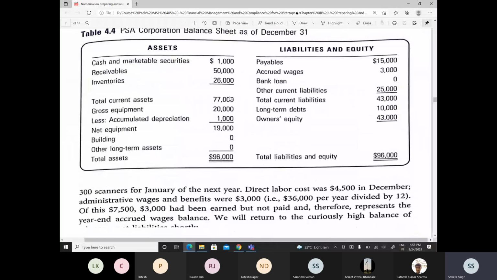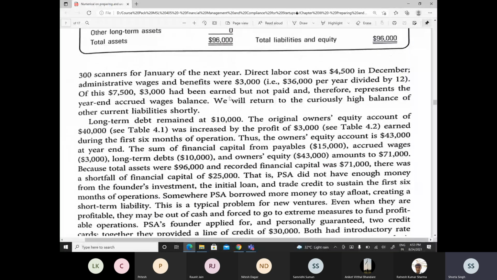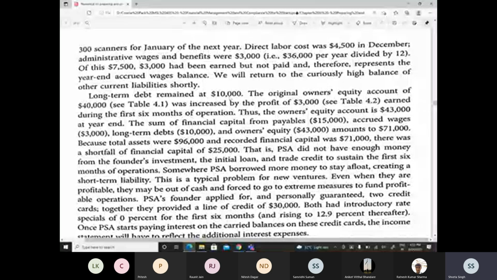Admin wages and benefits were $3,000, that is 36,000 per year divided by 12. Of this, 3,000 had been earned but not paid and therefore represent the year-end accrued wages balance. We will return to the curiously high balance of other current liabilities shortly. Long-term debt remained at 10,000, which a friend had lent.